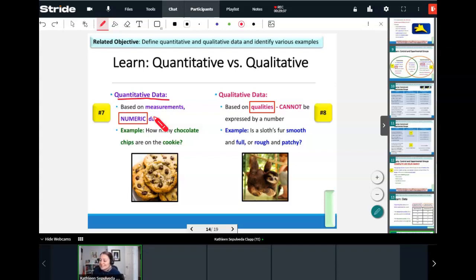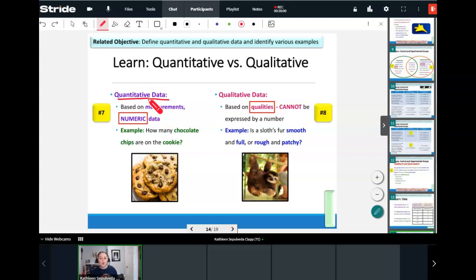That's quantitative data. If I ask you, well, how much? Oh, you just got a new baby cousin. Oh, how big was the baby cousin? Oh, my baby cousin was 8 pounds, 2 ounces. Did I just speak a number? That is quantitative data. Anytime I talk numbers, quantitative data.